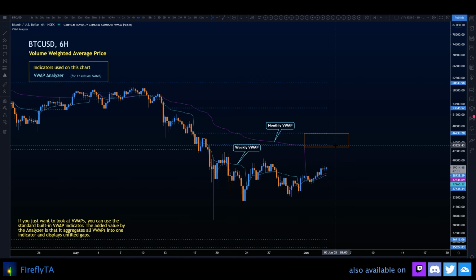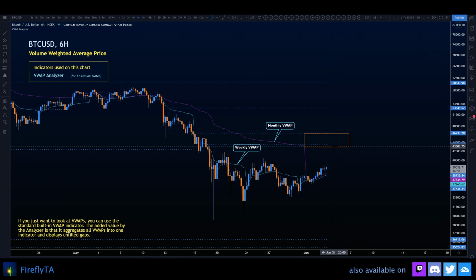44K is a level. 43.5, 44, where we might see a strong rejection because the monthly gap gets filled. If we get there, watch out for sudden rejections, especially considering this swing high over here. As you can see, we have this wick down, and this is a very huge level at 44.6. This region is very strong resistance.